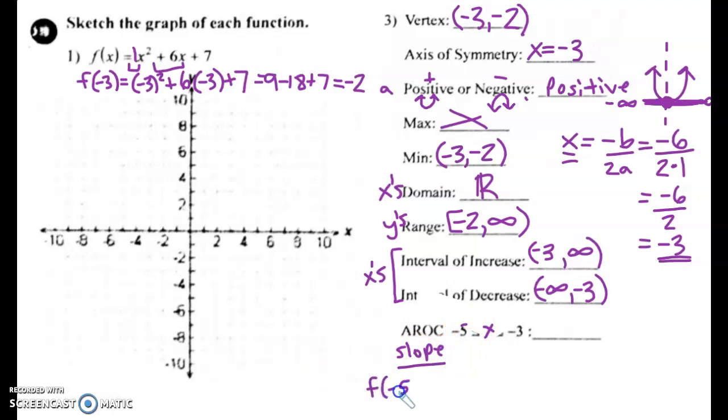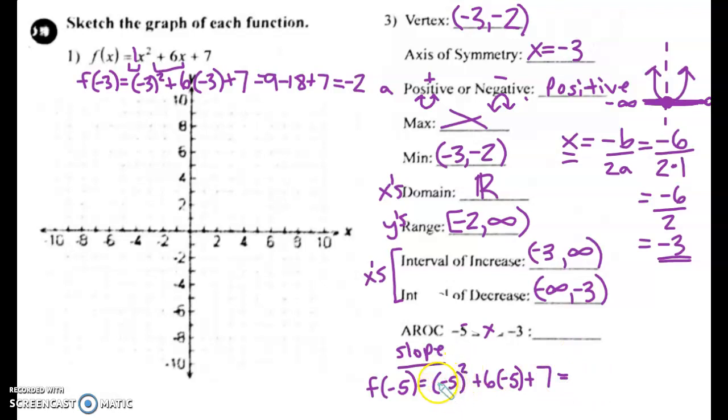So plugging in -5, I got (-5) squared plus 6 times -5 plus 7. Okay, -5, notice the negative is in the parentheses with the square, so it gets squared too.